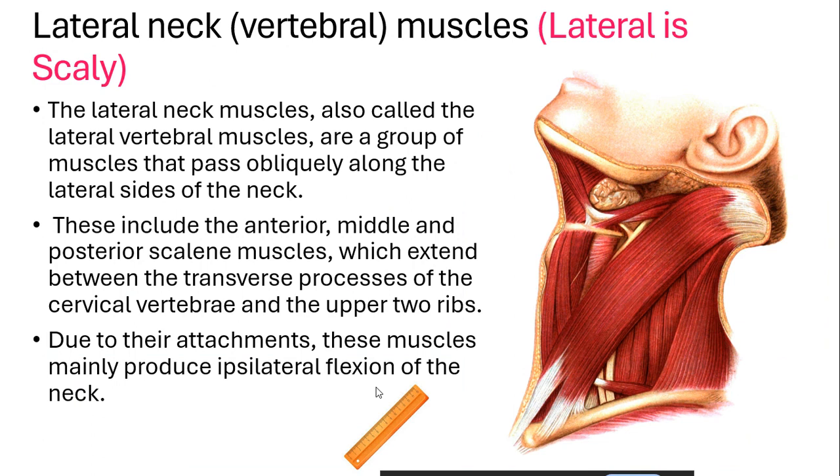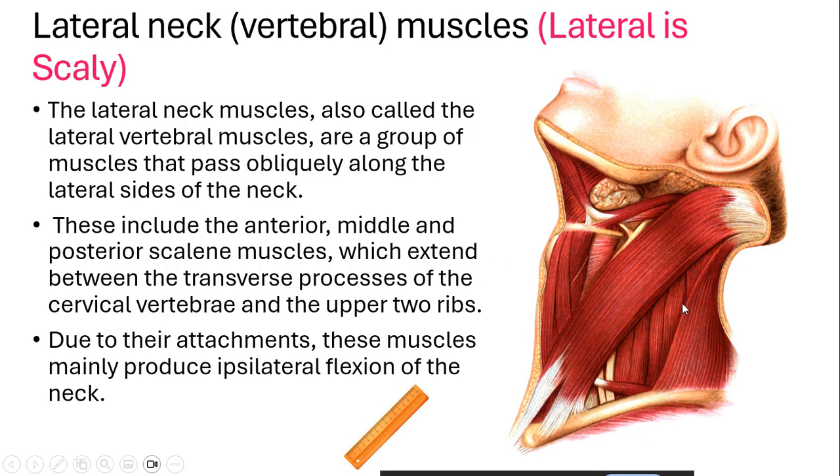Lateral neck vertebral muscles. Lateral is scalene, right? The lateral neck muscles, also called the lateral vertebral muscles, are a group of muscles that pass obliquely along the lateral sides of the neck.